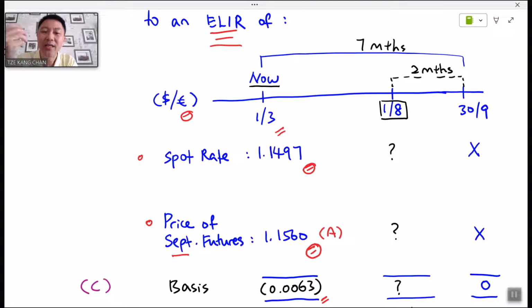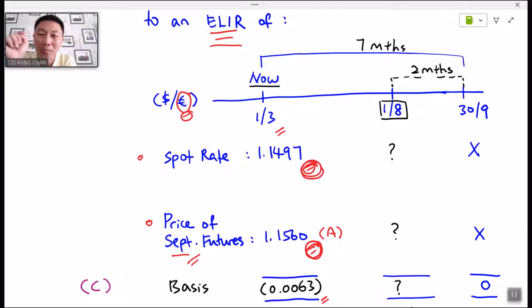In other words, the price of the futures contract tells what people believe the euro is worth at the end of September. So clearly, these prices represent the perceived value of the euro at two different points in time.